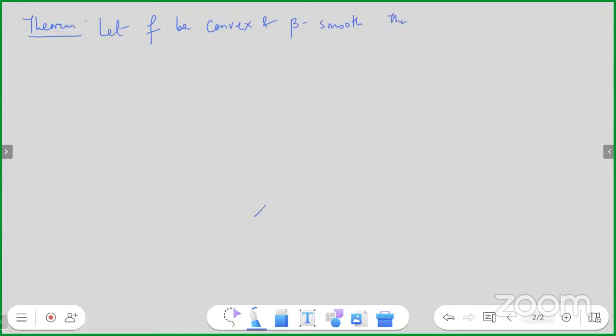Then gradient descent with constant step size eta equal to 1 by beta satisfies the following.